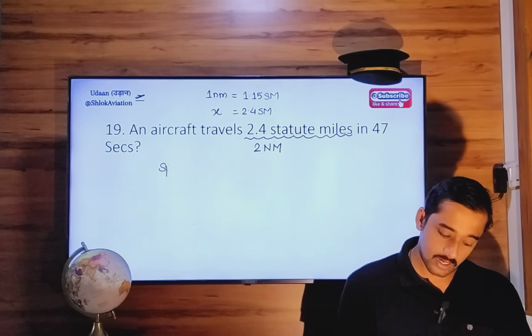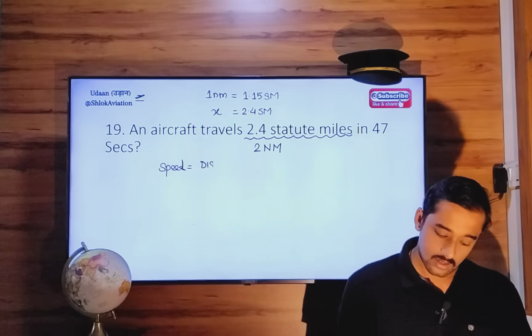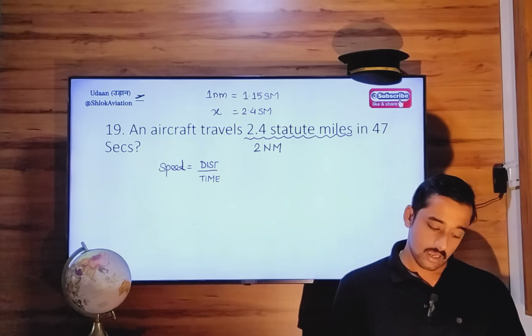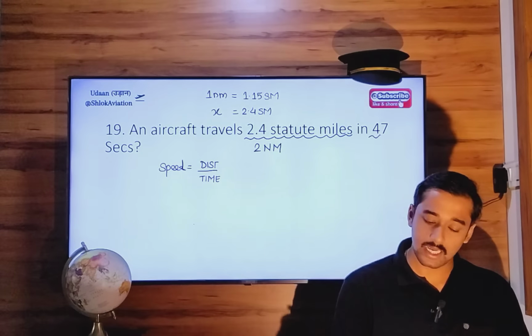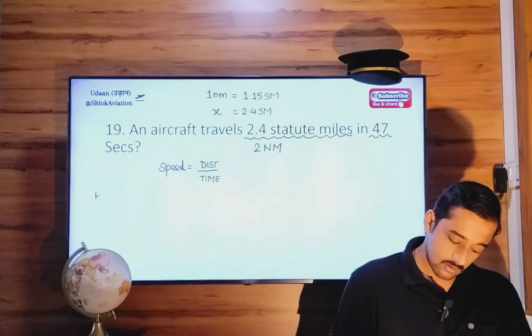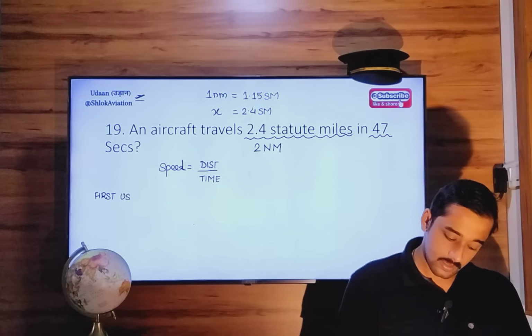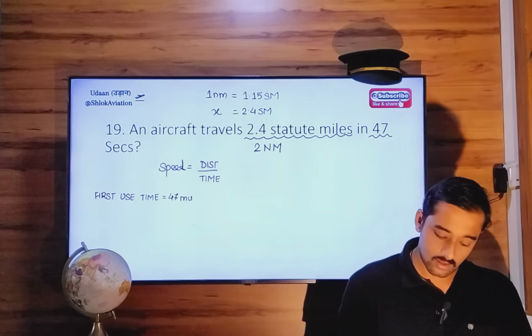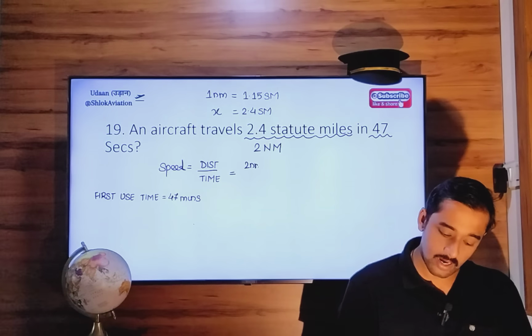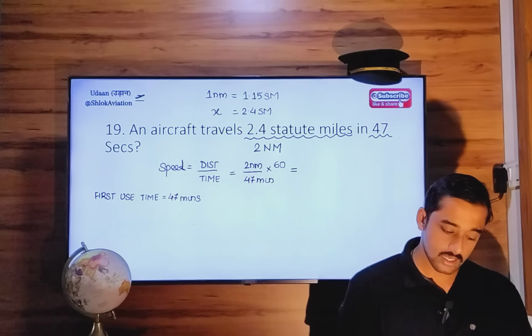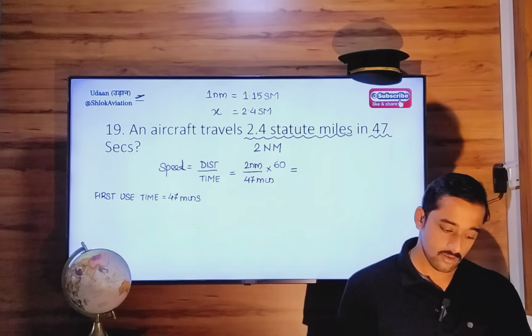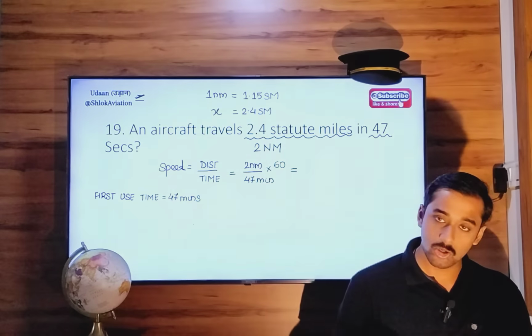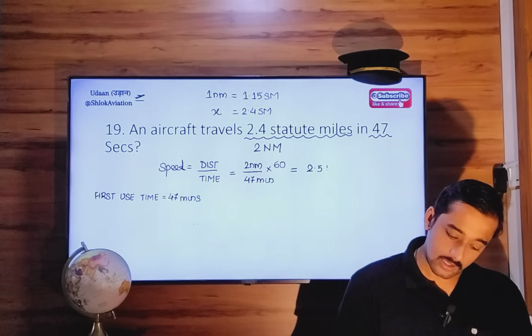So now we have to find speed, which is distance divided by time. Okay. So now we have time as 47 seconds. Let's first use time as 47 minutes. So distance is 2 nautical miles divided by 47 minutes, with 60 in the numerator. So 2 into 60 divided by 47 is 2.5 knots.